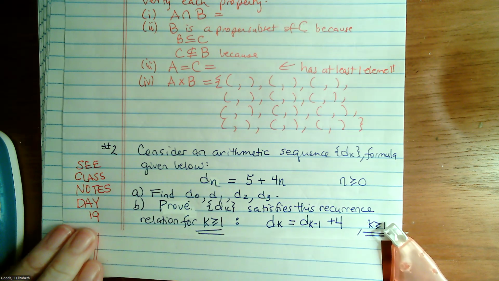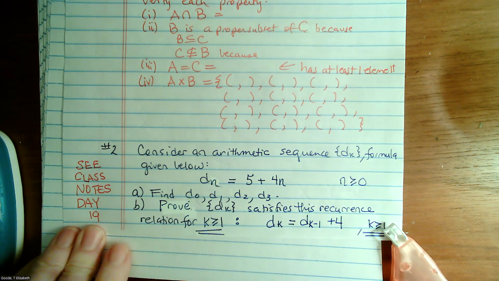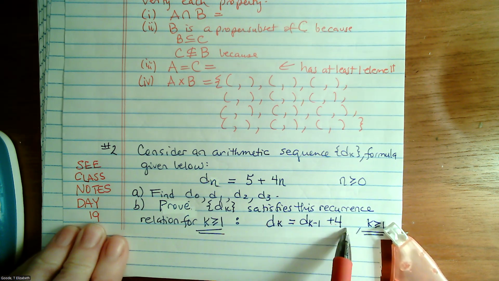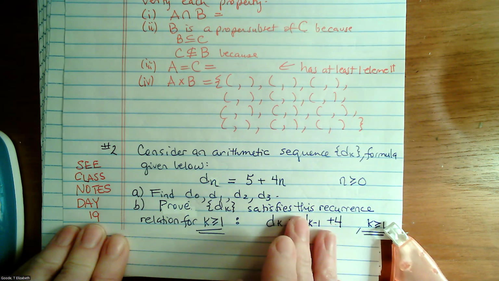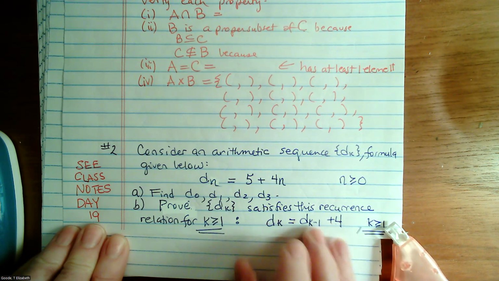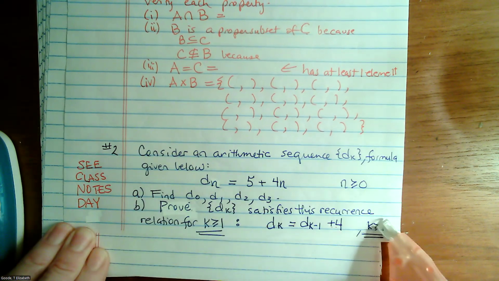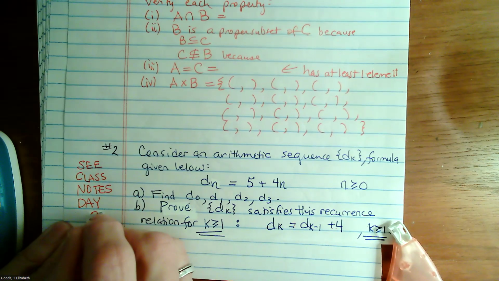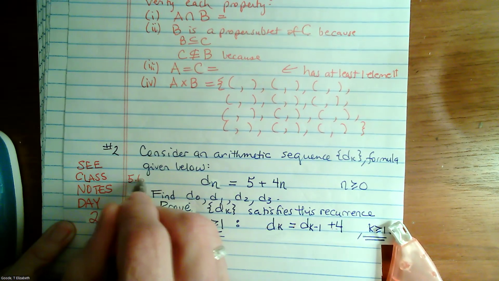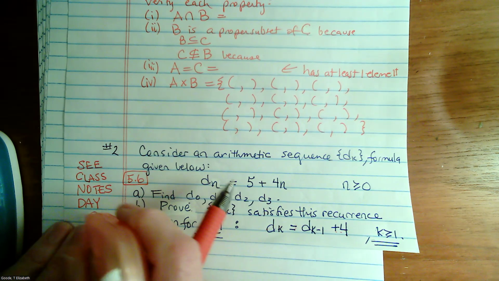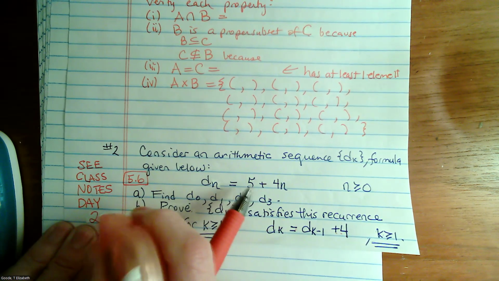All of the bits and pieces you need will be there, but it'll be a different equation because this is an arithmetic sequence, not a geometric sequence. And you also have a WebAssign from 5-6. Holy cow, this must be day 22. I mean day 21, because this is from section 5-6. No, this is day 20. We haven't had day 21 yet?